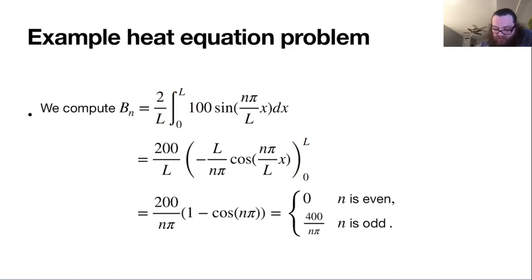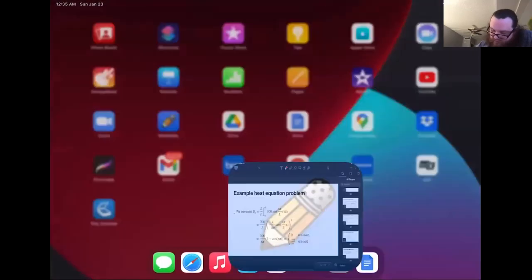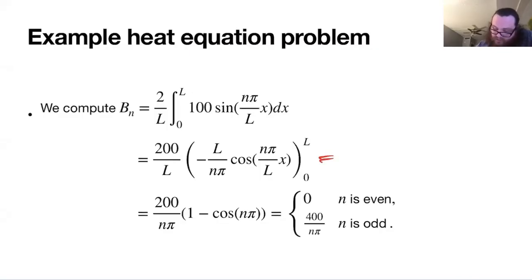Let's see what we've done here. This L is canceled with that L. So written out, this is going to be 200 over L times minus L over n pi cosine of n pi, minus the whole thing with x equals 0 plugged in.